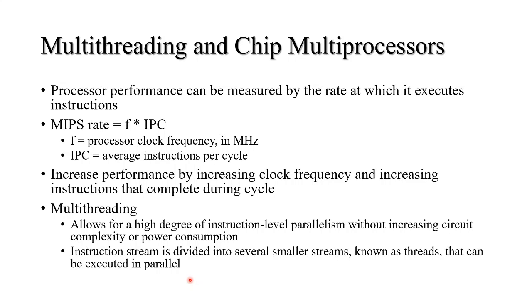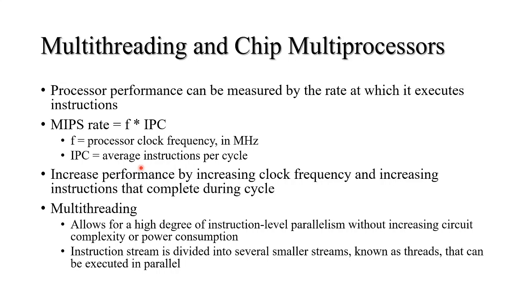The most important measure of performance for a processor is the rate at which it executes instructions. This can be given by MIPS rate equals F times IPC, where F is the processor clock frequency in megahertz and IPC is the instructions per cycle, the average number of instructions executed per cycle.